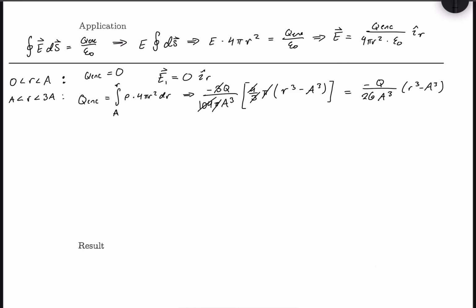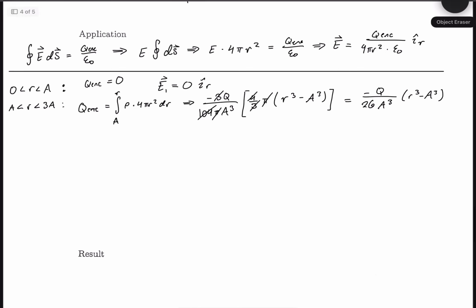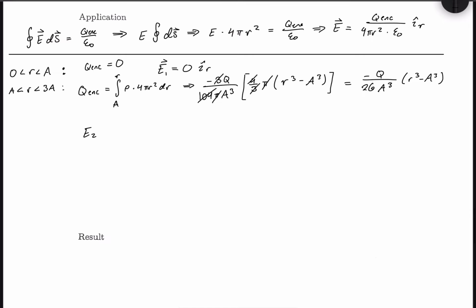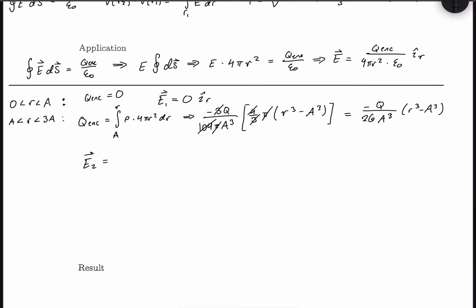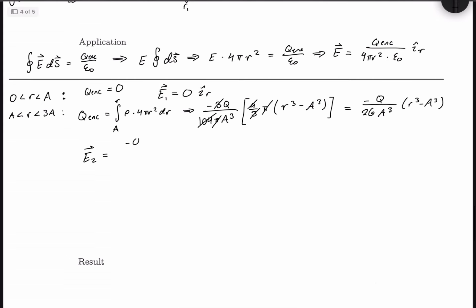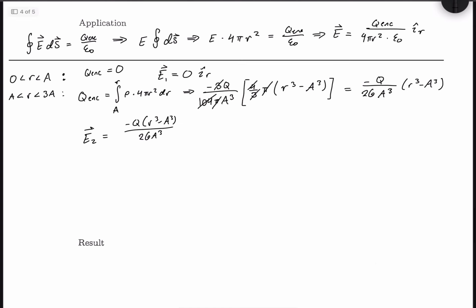Now we want to plug this q enclosed into the electric field equation that we have, so we can get electric field 2 here. We'll end up having negative q (r cubed minus a cubed) over 26 a cubed, then 4 pi r squared epsilon naught.